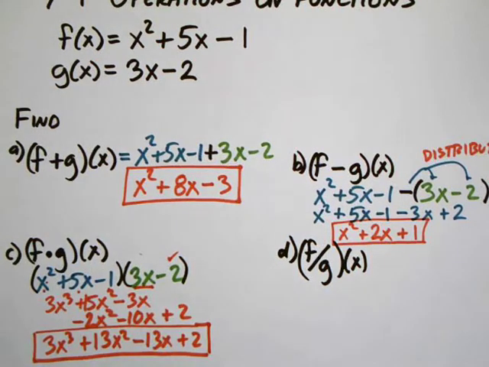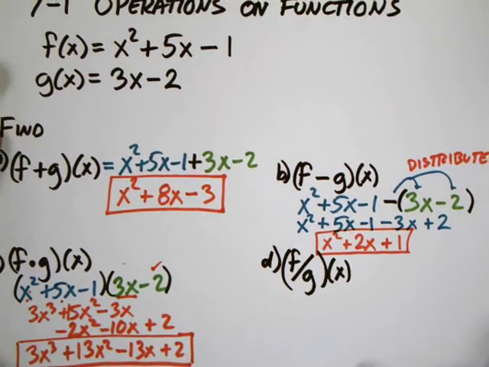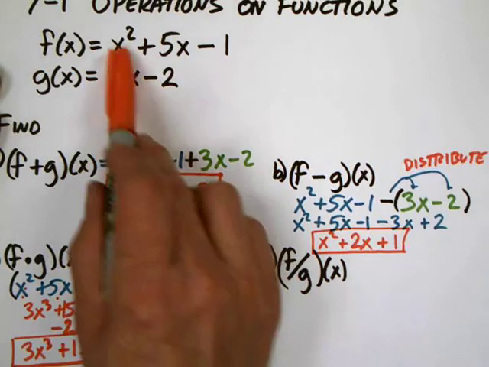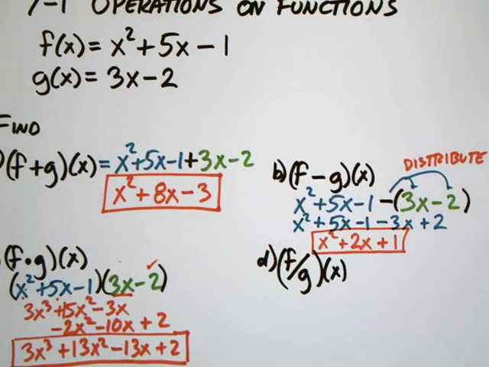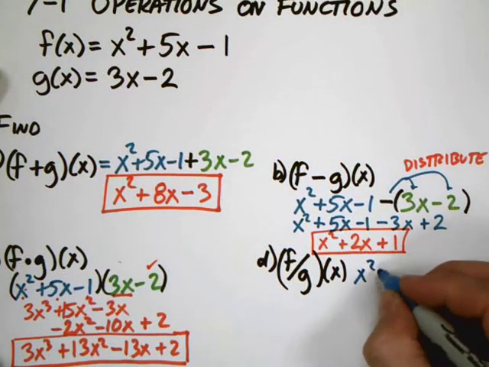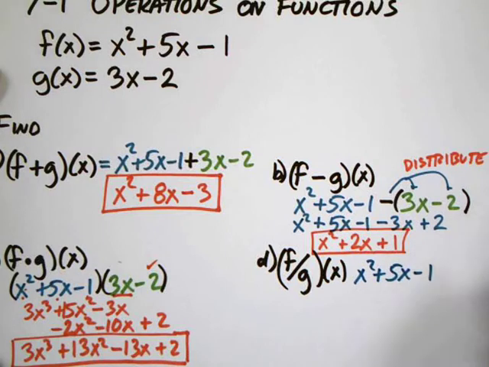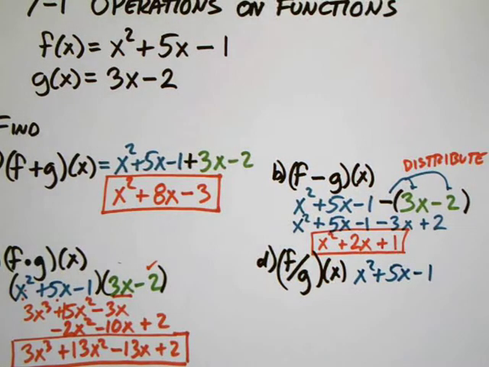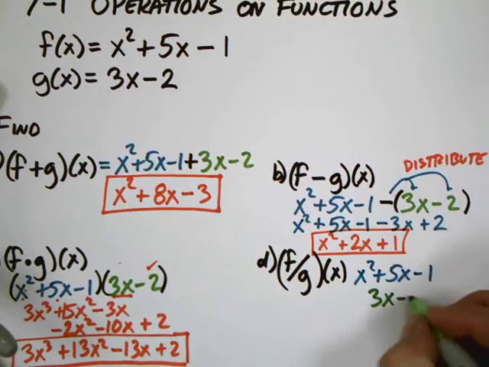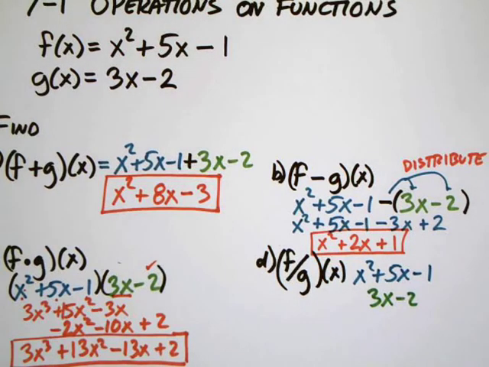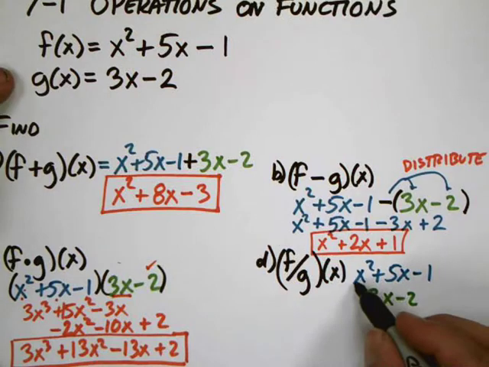Last one, f divided by g. So in this situation, I'm just dividing, so I need all of this. So I need the whole f function, x squared plus 5x minus 1, all of that, divided by 3x minus 2. So when I divide, I'm just going to write it like a fraction. Seems to be the most logical way.